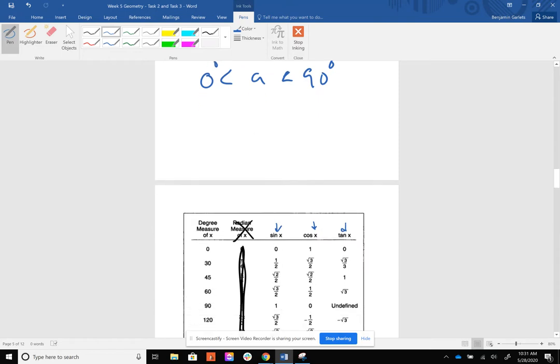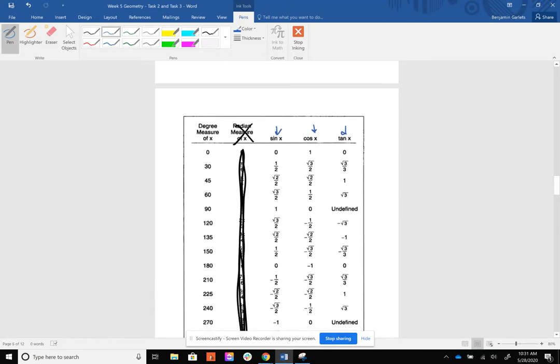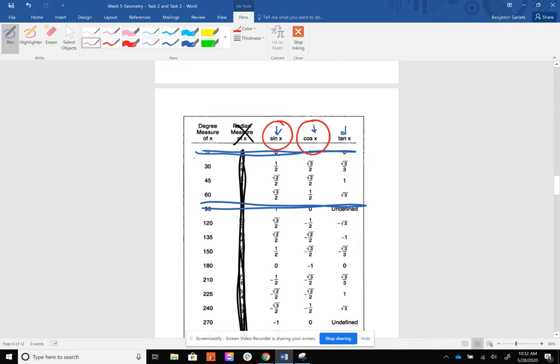If we go back to our table, we are looking at anything between here and here, and we want to know where this value and this value are the same. I've really only got 3 options. You will probably have more, because we went 0 degrees, 10 degrees, 20 degrees, 30 degrees, 40 degrees, and so on. 45 happens to be the really important one because it's an isosceles right triangle.